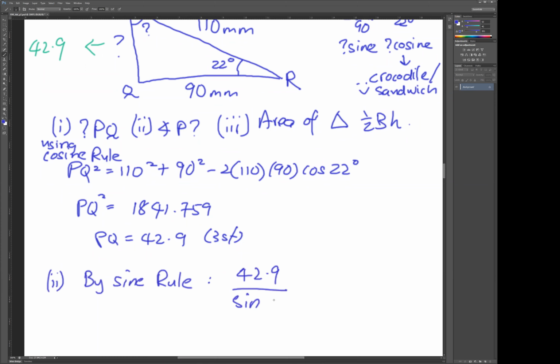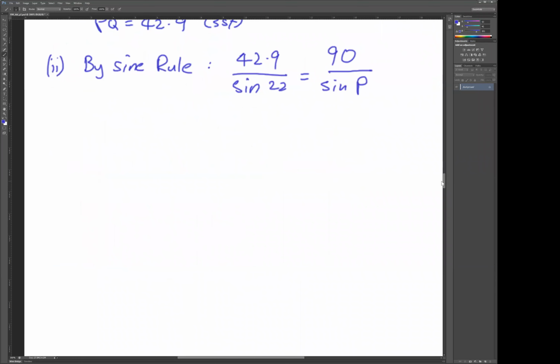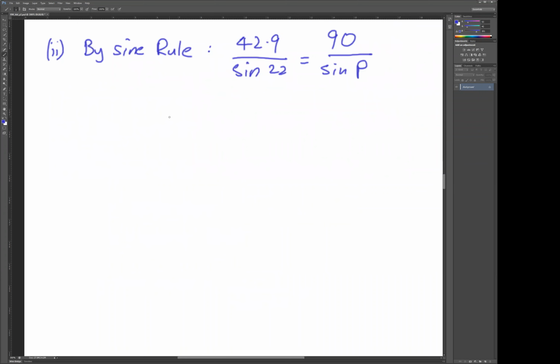Over sine theta equals 90 over sine P. And then I should get sine RPQ equals 90 sine 22 over PQ, right?